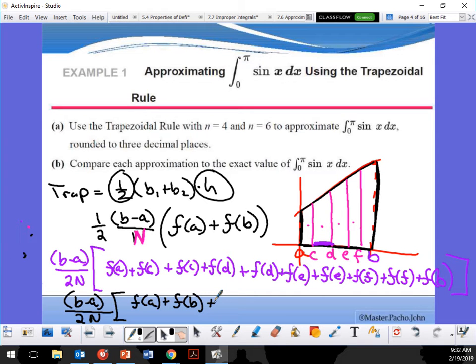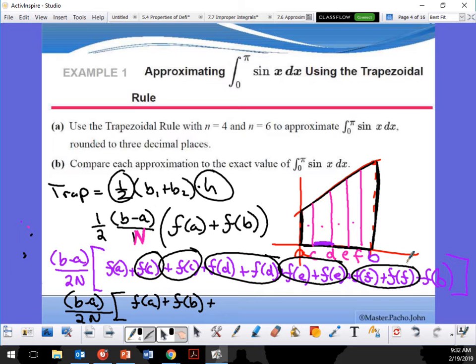Now I have 2 of these, 2 of those, 2 of those, and 2 of those. Since I have 2 of each, do I want to keep writing them over and over again? No, I'm going to write 2 times f of C, f of D, oh wait, it should be a plus sign.